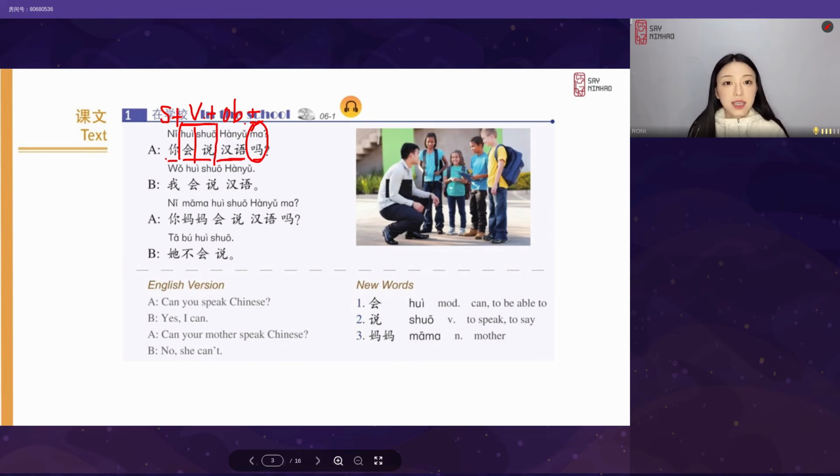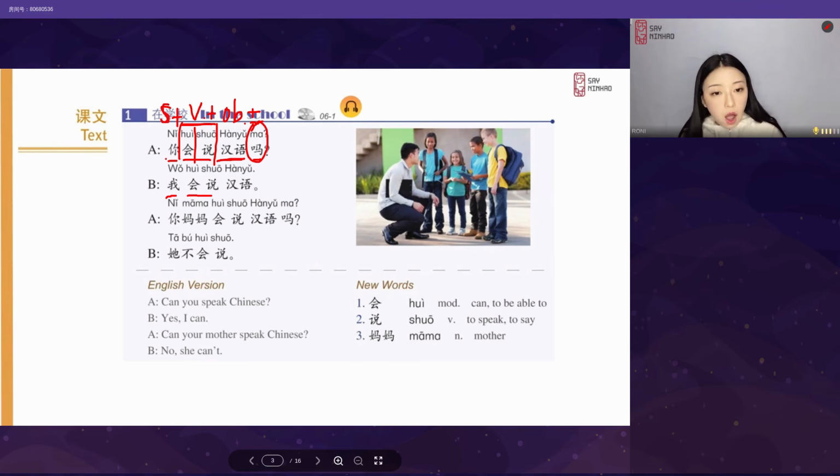So in Chinese, most of the questions have the same word order as the declarative sentences, right? It is the subject plus the verb plus the object. Okay, 你会说汉语吗? It means, can you speak Chinese?